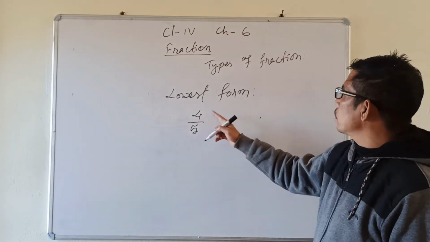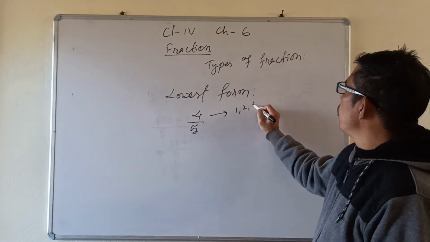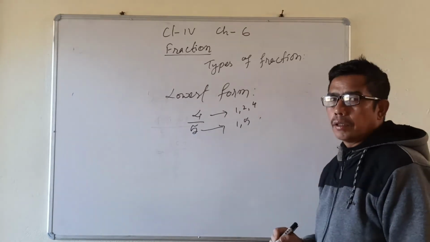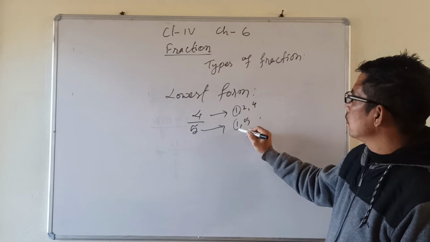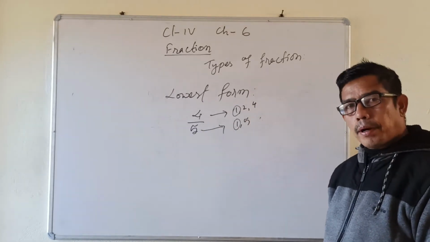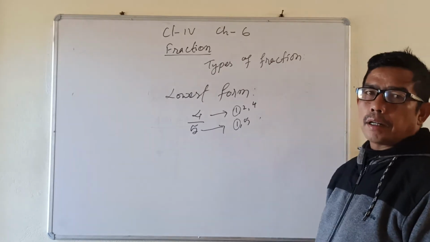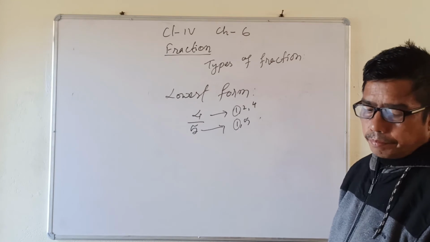For example, factors of 4 are 1, 2, 4, and factors of 5 are 1, 5. What is the common factor here? The only common factor is 1. So such fractions having 1 as the only common factor are said to be in the lowest form or lowest term.